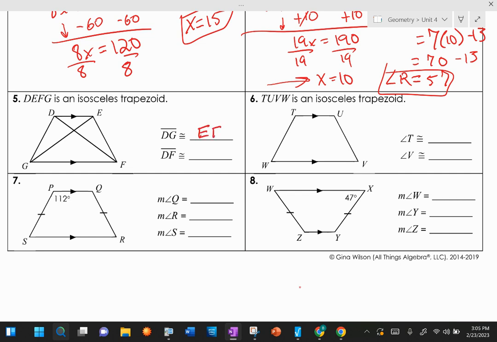DG is congruent to EF because this is isosceles, right? Okay. DF is congruent to GE or EG. Either way is fine. Actually, I prefer EG.